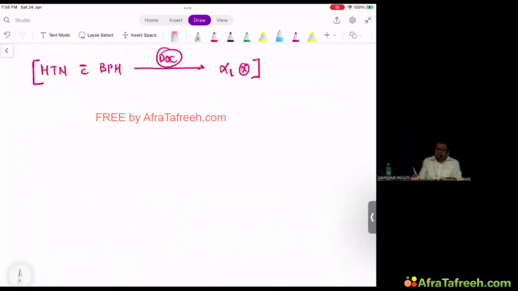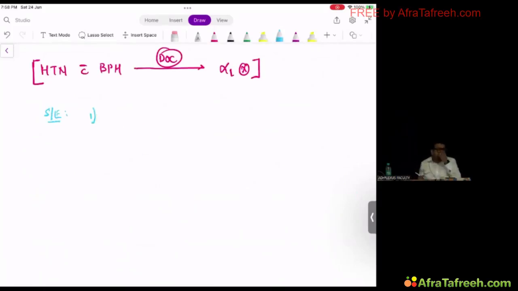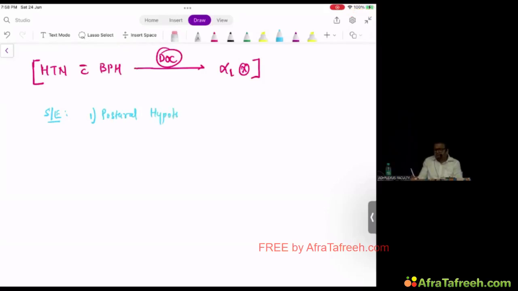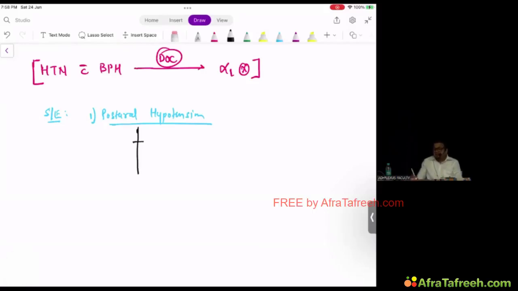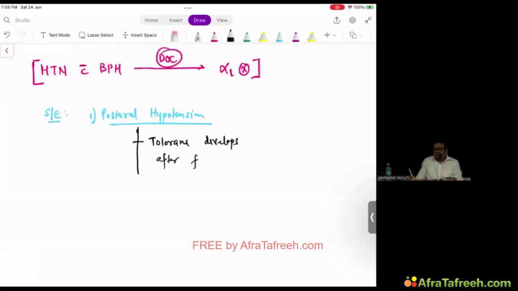Come to the same thing, you can write a side effect. What was the side effect of alpha blockers? Postural hypotension. The side effect, tolerance develops after a few days.